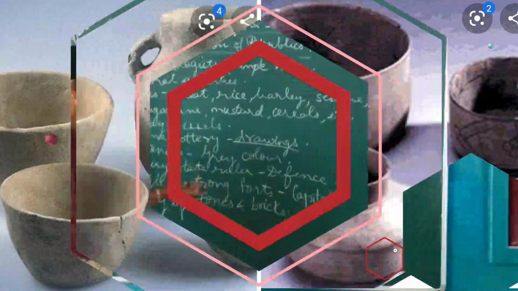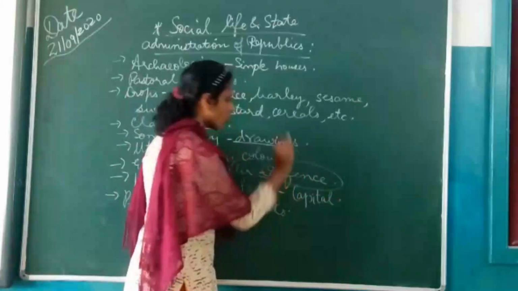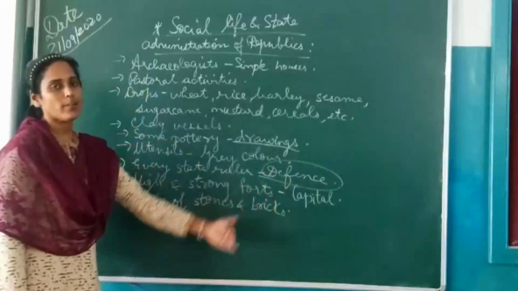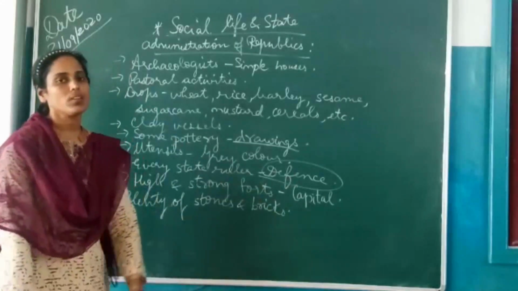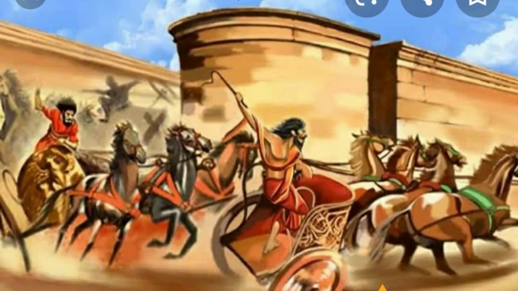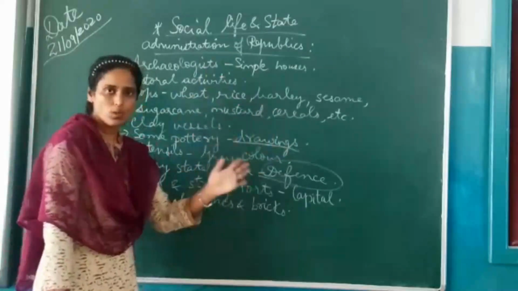Every state ruler did the maximum possible work for his own state's defense. Here the word defense means protection of the state. They used to fight with other kings or other state rulers to defend their state. We are talking about republics, so they used to fight with the other monarchical states also.